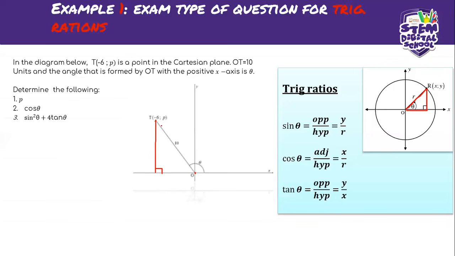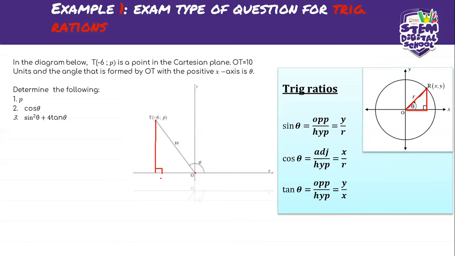From O to T, we know that side is R. Then from O to this point here is the value of X, which in this case is -6. Then from here up there is the Y value, which in this case is P, and we are going to calculate the value of P.